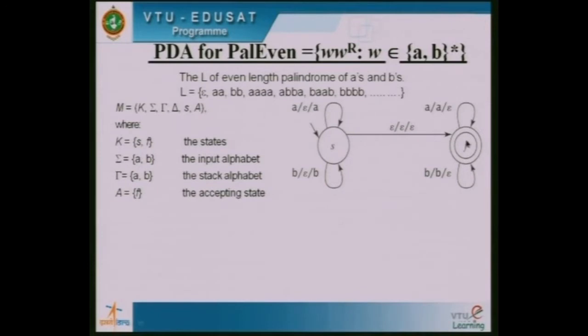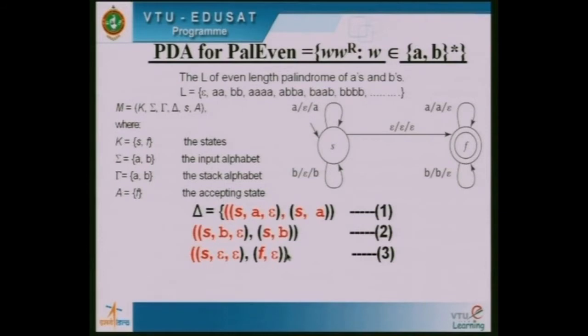In final state F, for every match of the current input symbol and the topmost element of the stack, the element is popped and it remains in the same state F. So, the delta transitions go like this: first A or B, push them into the stack, staying in the same state S. Once you come across epsilon, that is the middle of the string, don't do anything, just change the state from S to F, and in F if there is a match of the symbols AA or BB, then pop and stay in the same final state.